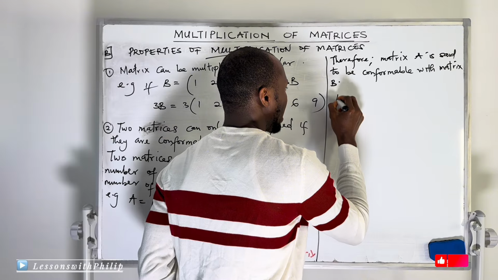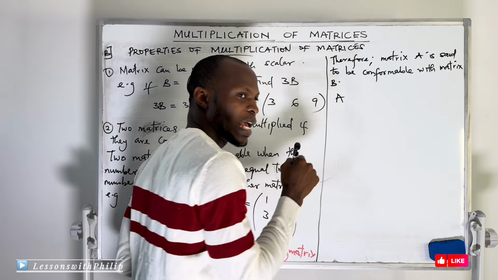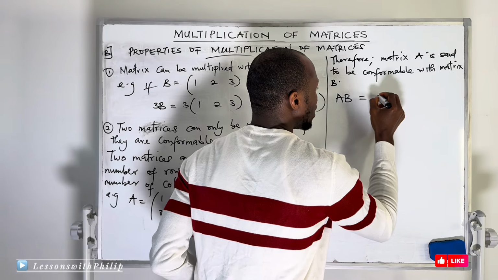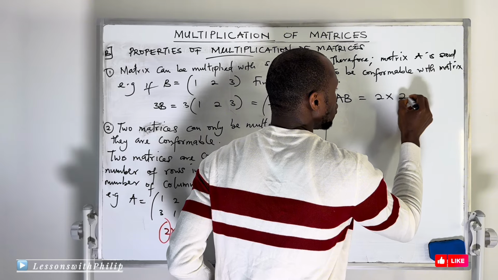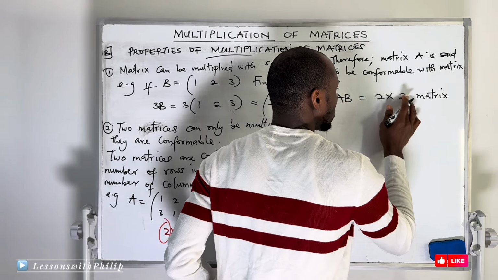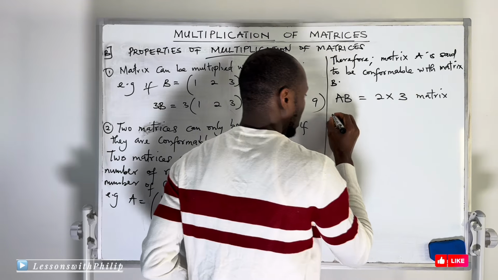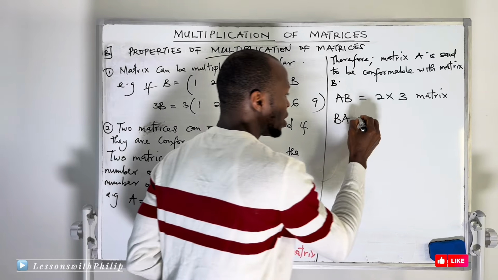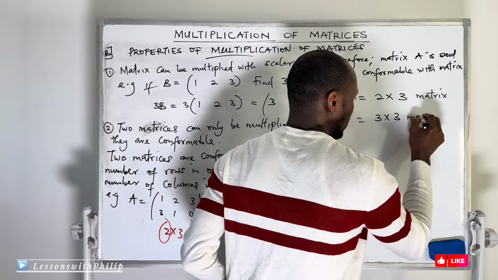Before I leave this second principle of matrix, let me tell us that if you multiply A and B, matrix AB will give us a 2 by 3 matrix, and matrix BA, if you multiply B times A, will give us a 3 by 3 matrix.